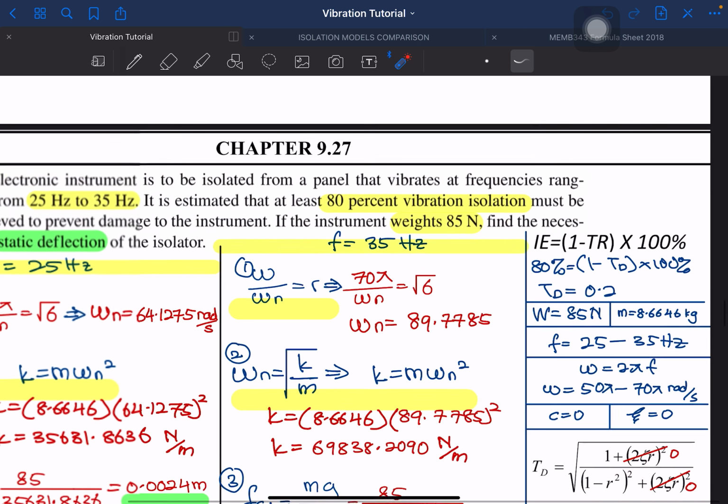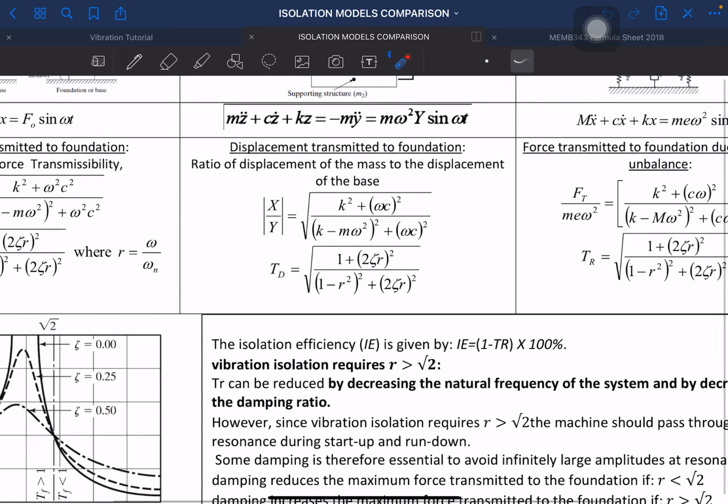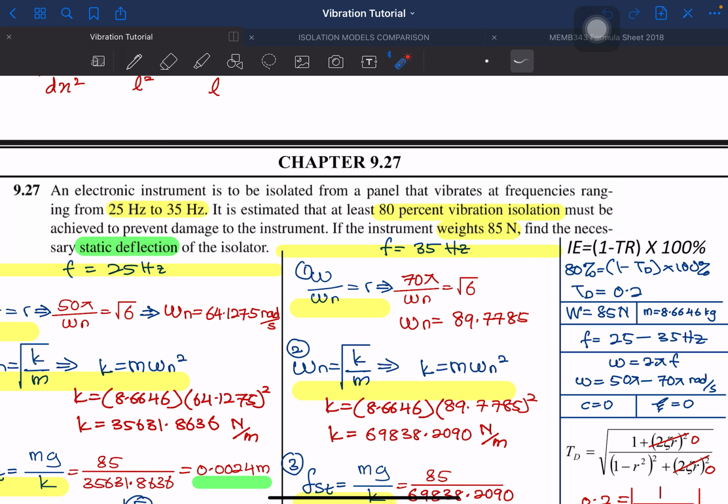But now we are doing vibratory motion, where the base is in motion, not the machine. The panel now vibrates, not the electronic instrument. So we label it TD instead of TR.